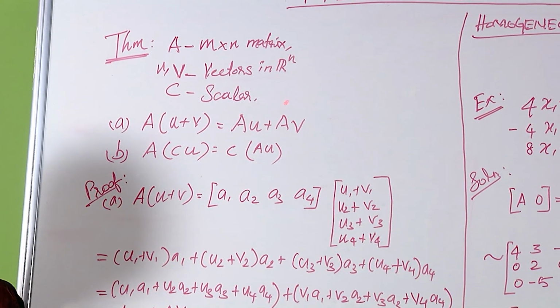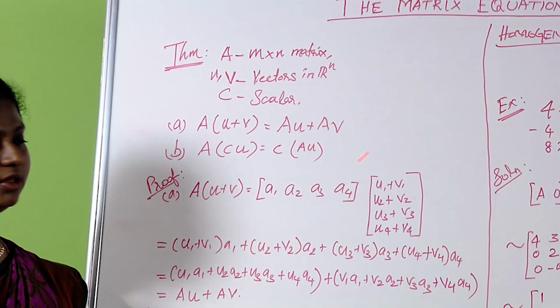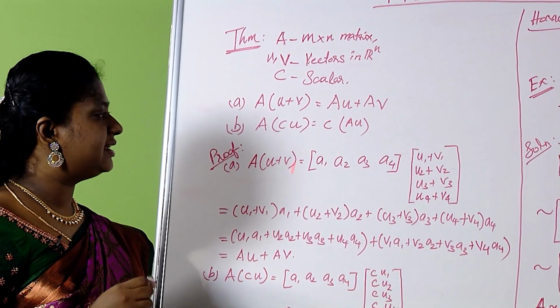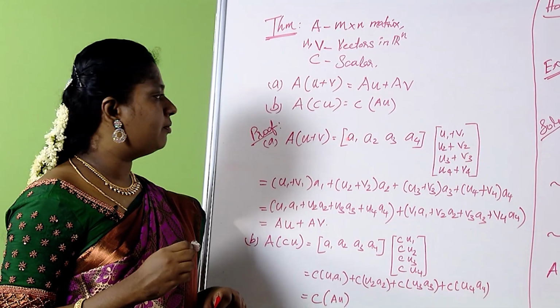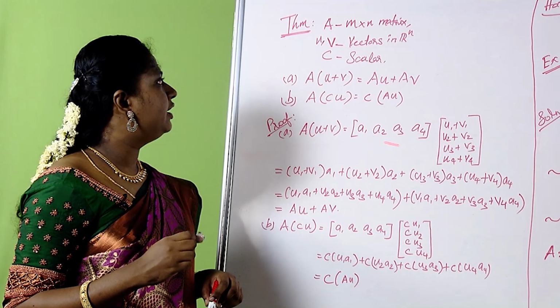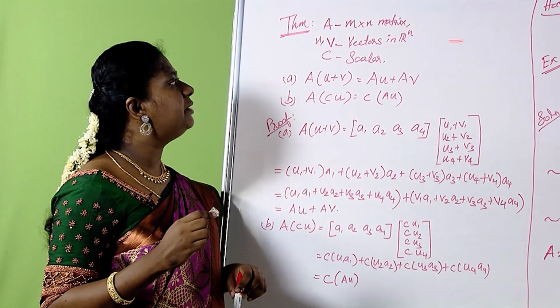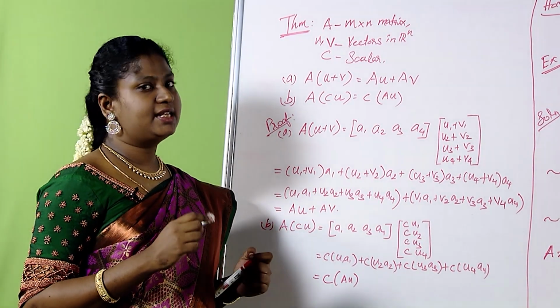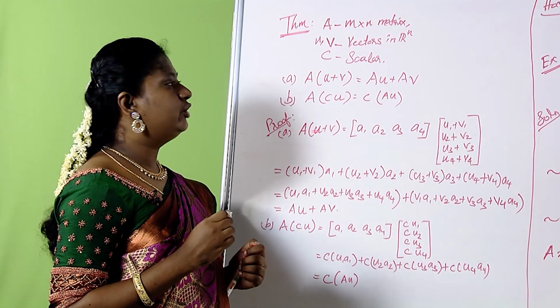Therefore, I will be having only R^4. So, A can be written in the form [a1 a2 a3 a4]. Here you can see it is an m by n matrix, and for our convenience, we have taken n to be 4.